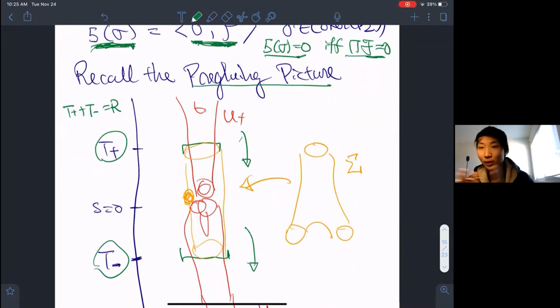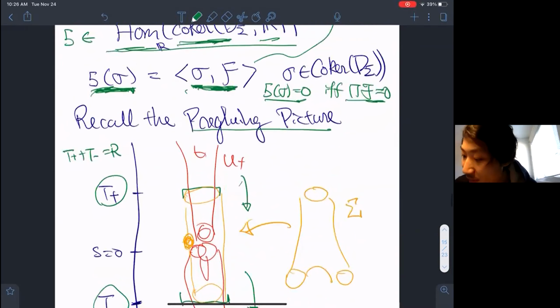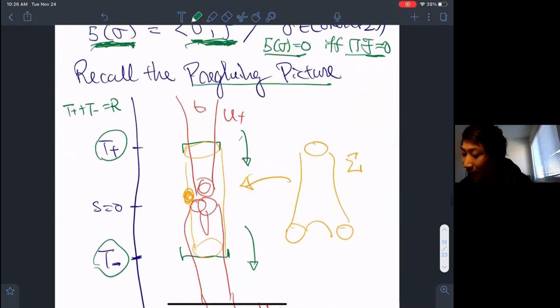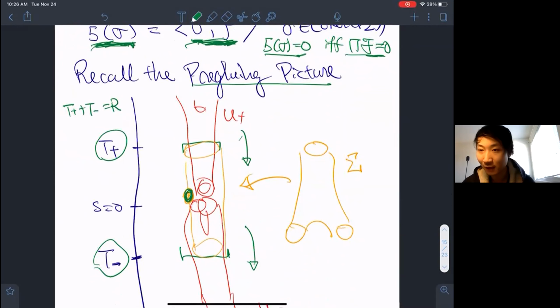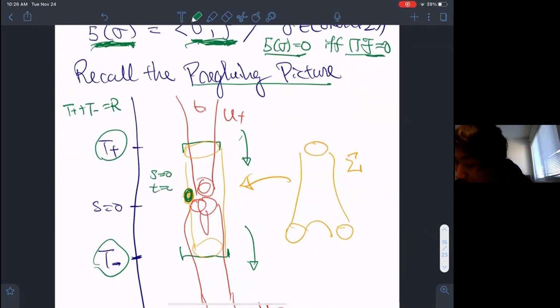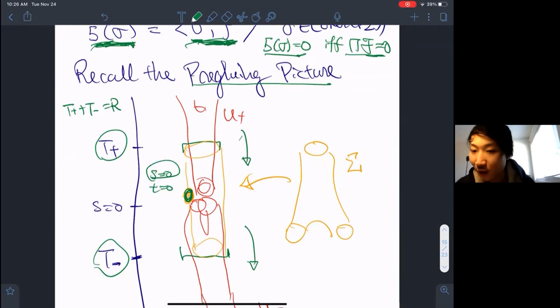So that's one degree of freedom we can use to try to set this thing equal to 0. Another degree of freedom is the location of the branch point of the branch cover. Previously we set it equal to S equals 0 and T equals 0. I'm going to keep it at S equals 0, but rotate the T parameter. T, if you've forgotten, is a coordinate along the Reeb orbit. So I'm going to rotate the branch point in this direction.